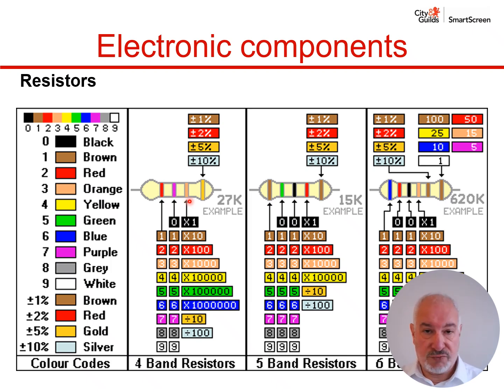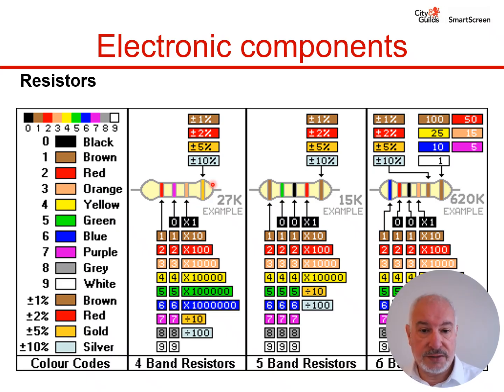Then the next band represents the number of zeros, how many times we're going to multiply the previous numbers by 10, and the orangey colour there represents 3, so we'd have 3 zeros. So our value of resistance is 27000, or 27,000, or 27k. So that's the resistance in ohms.